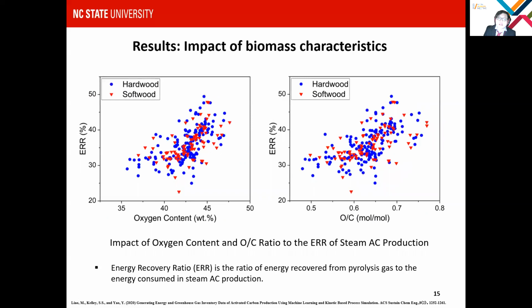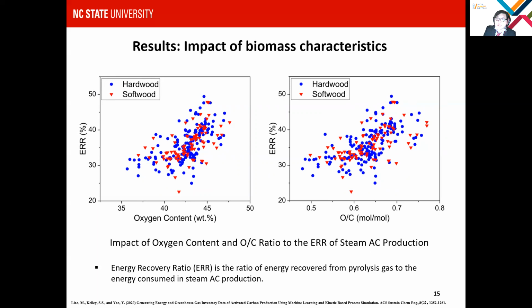Besides the energy consumption, you can also see the change of energy recovery in the process if we burn the pyrolysis gas. We have defined this parameter, the energy recovery ratio, to see the amount of energy that can be recovered. We can see that the increase of oxygen content or the oxygen to carbon ratio will make the energy recovery ratio higher.